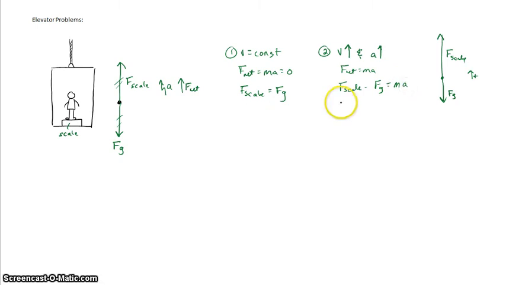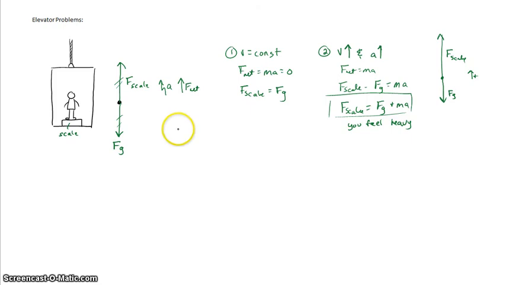And if I'm thinking about what the scale is reading, F scale equals F sub g, which is your weight, plus something. So if you're going up and accelerating up, say you're going to upper floors, it's going to read heavier. You're going to feel heavy because the floor is pushing on your feet hard.